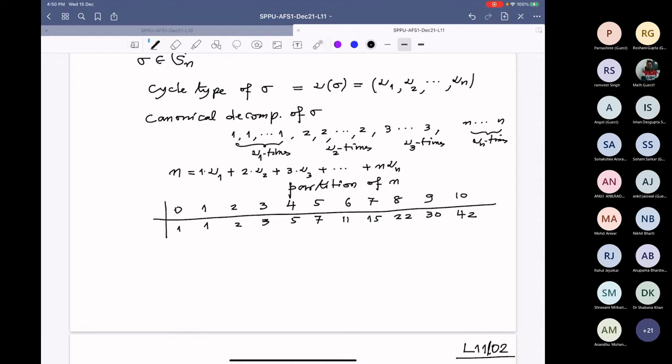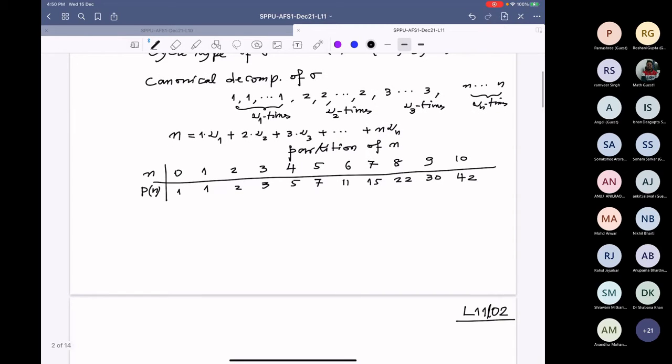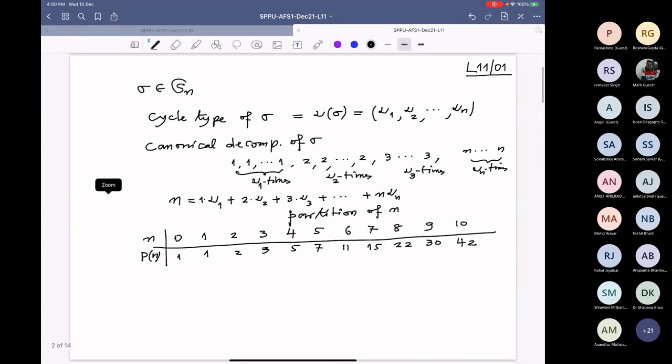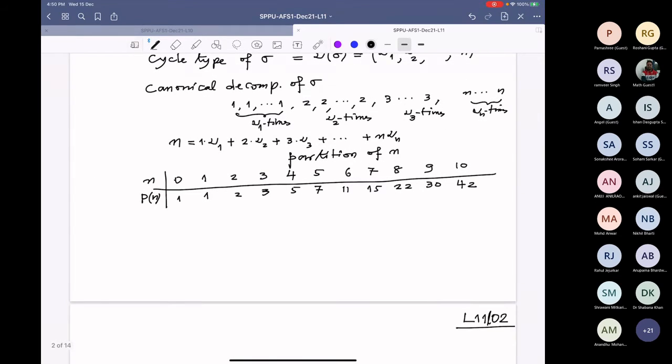So what this table says, if this is n, this is the number of partitions, Pn. And as you know, there is no formula till today for Pn. Anyway, that is a different issue. That was just to show, but this requires a little patience to compute, but it is not a bad idea to compute.